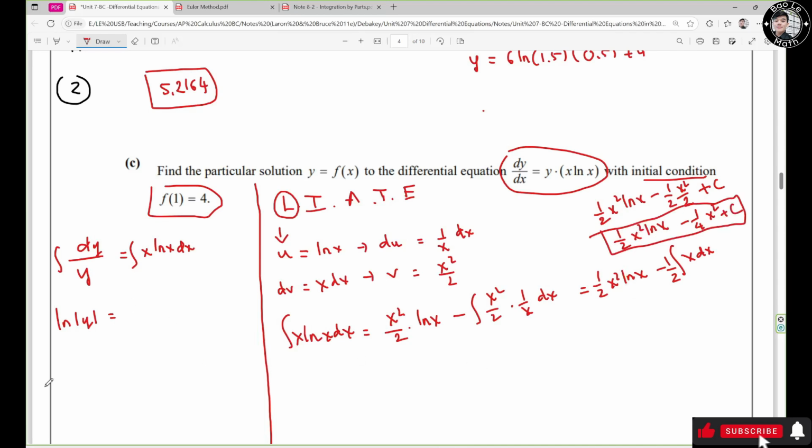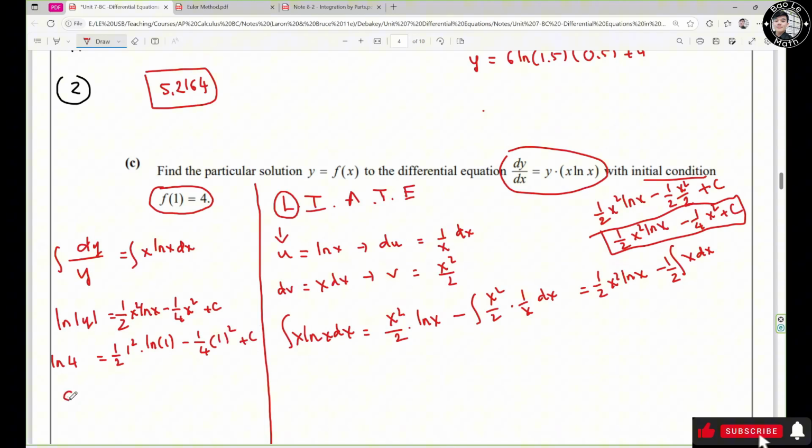So I'm going to bring this one over here. I need to use the initial condition right here to solve for c. So we have natural log of 4 equals 1/2 times 1 squared times natural log of 1 minus 1 over 4 times 1 squared plus c.